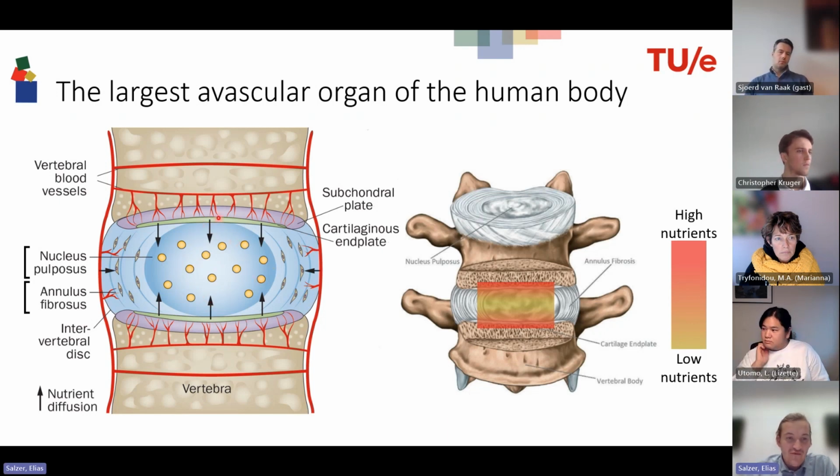And this means that all nutrients that are transported via the blood have to be transported via this long distance. So everything via diffusion, it has to diffuse inside, meaning that in the center of the disc, there's a very harsh environment. So there's a lot of nutrients on the outside, that's the blood supply, but in the center, it's less. And it's the same for waste materials. So cells produce waste and it has to be transported out of the disc, but it's a very long distance, so it takes some time.